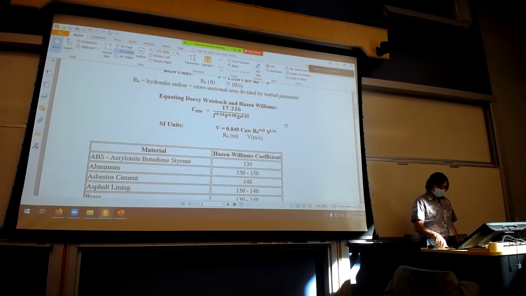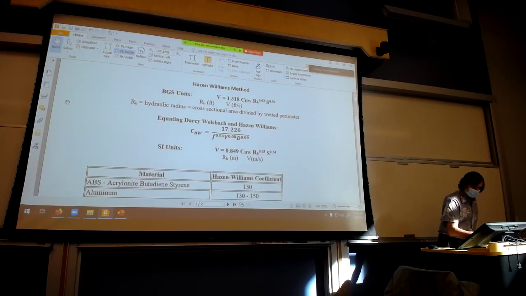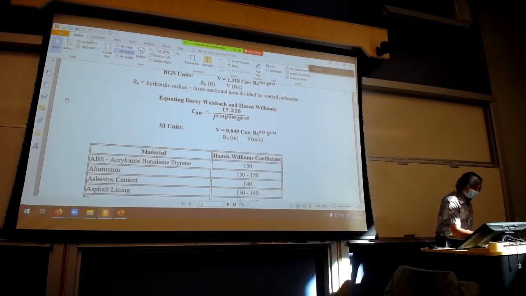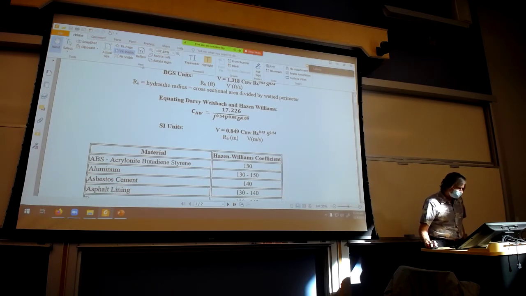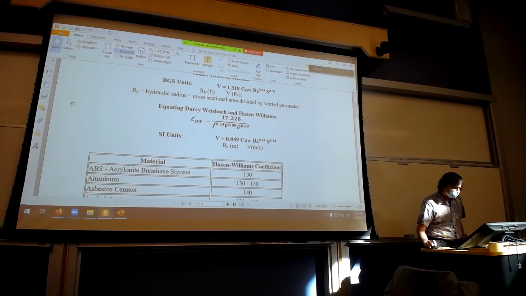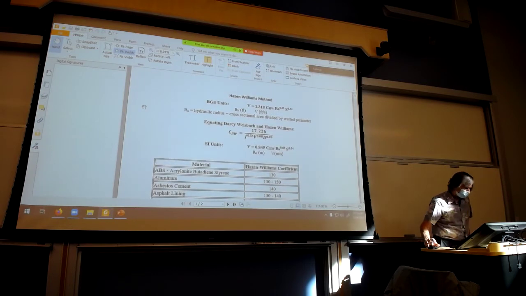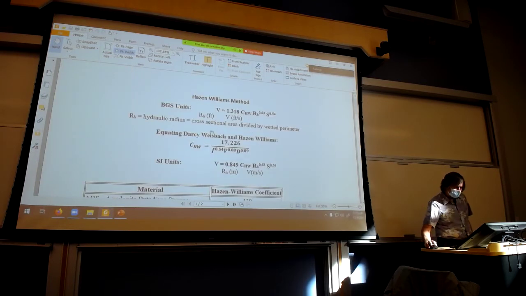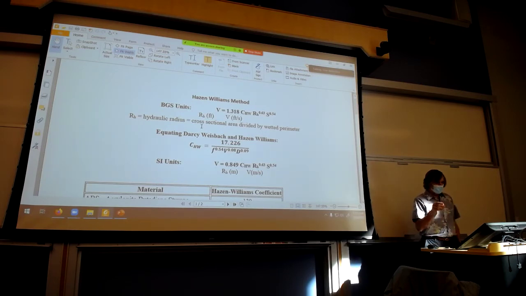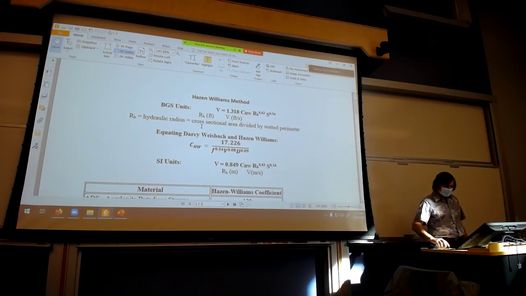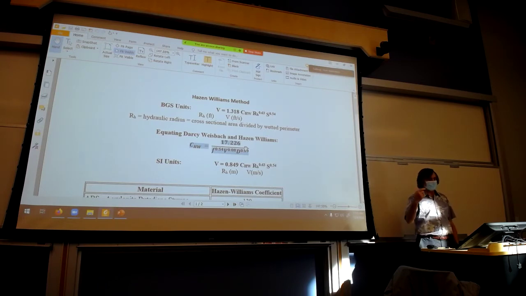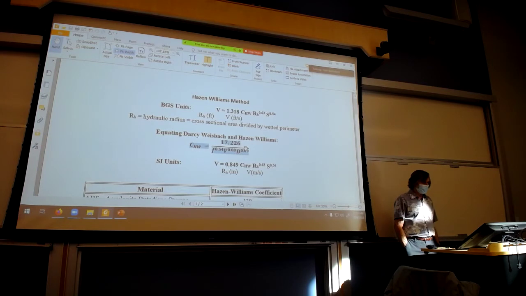And if you equate the Darcy-Weisbach equation to the Hazen-Williams equation, let H sub F of one equal H sub F of the other, what you can do is tease out the equation that you see in the center of the top page, where the Hazen-Williams coefficient you can see is inversely proportional to the Darcy-Weisbach friction factor.